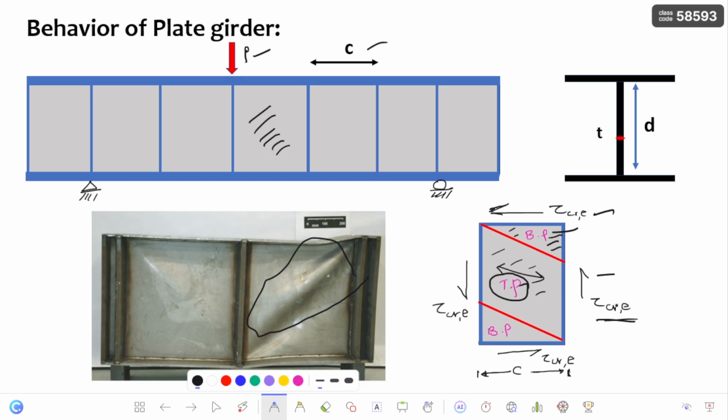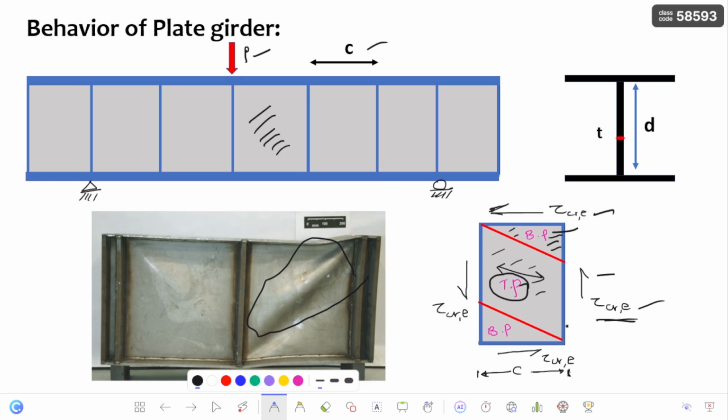So after this stress is achieved in the plate girder, the buckling is going to start in the web. So we are going to design the web for this elastic critical stress, and after the elastic critical stress is reached, buckling is going to be initiated, and the further strength is going to be generated by the tension field action.